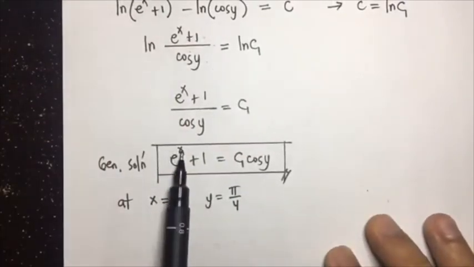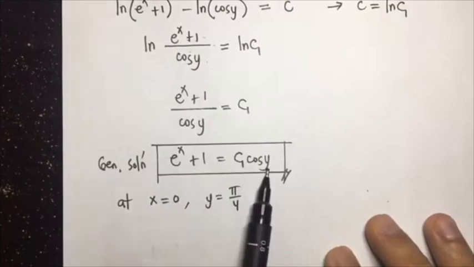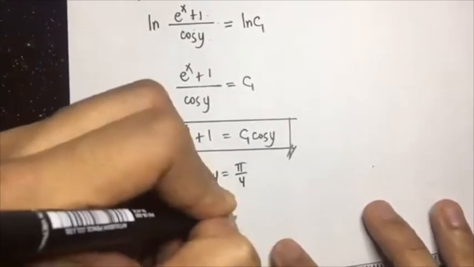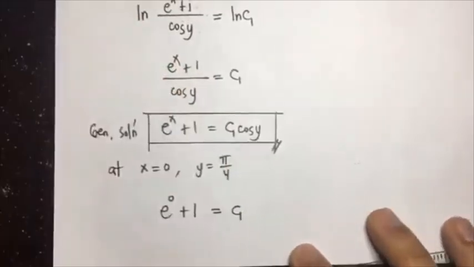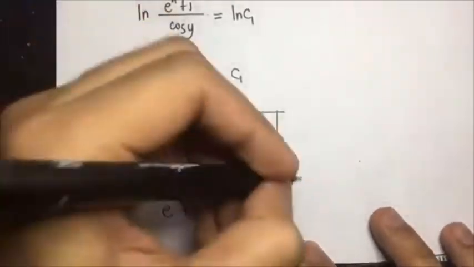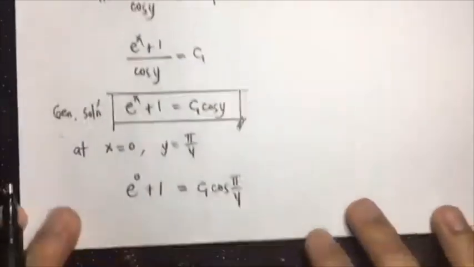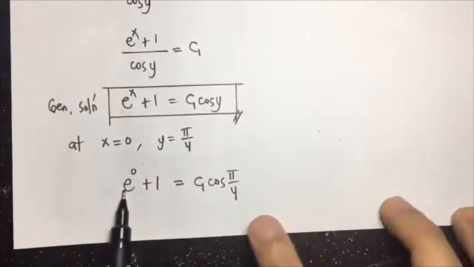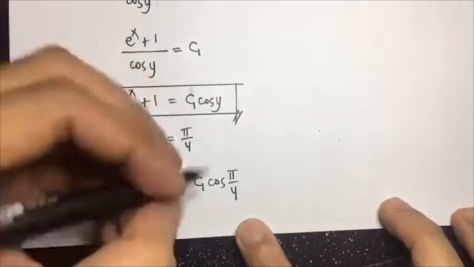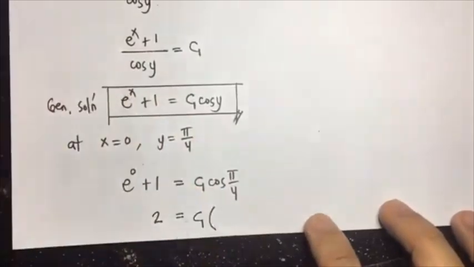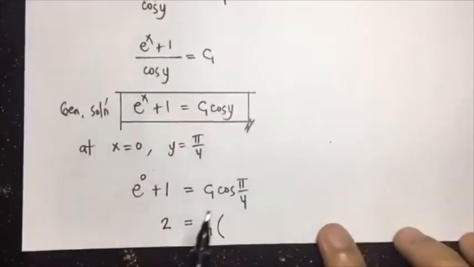Substituting x is equal to 0 and y is equal to pi over 4, then e raised to 0 plus 1 is equal to c1 cosine of pi over 4. So e raised to 0 is 1, plus 1 is 2, equal to c1 cosine of pi over 4.